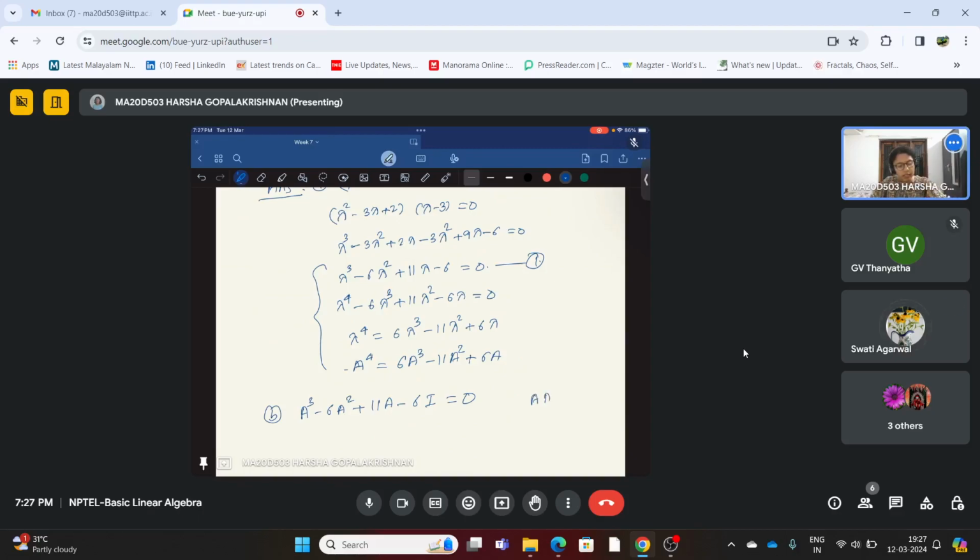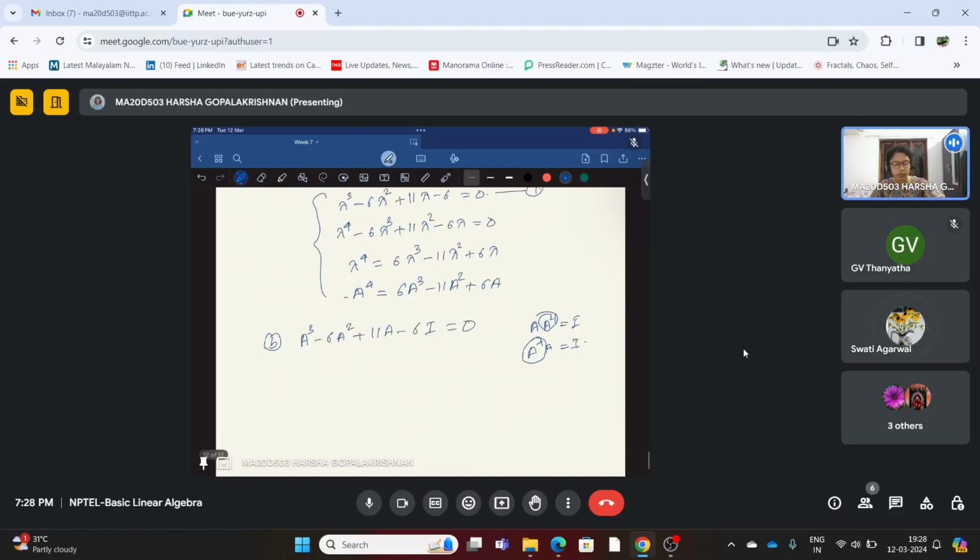A inverse means A into A inverse equal to identity, or A inverse into A equal to identity. If either of these is satisfied, whatever comes there is A inverse. So my question is, extracting A and having some term, the multiplication should be equal to I. Now can you think what A inverse is?